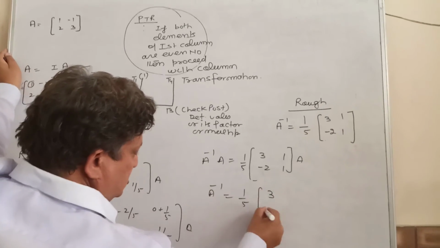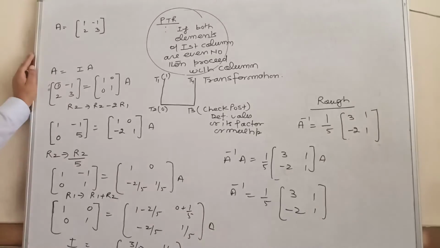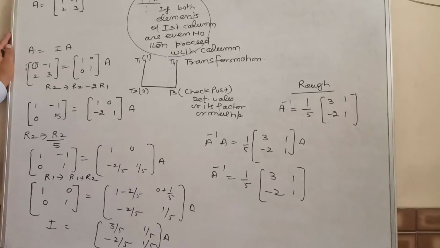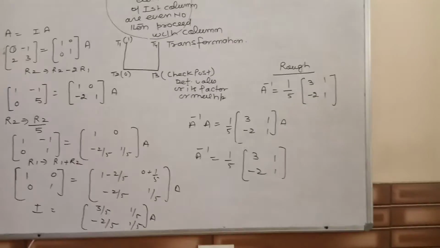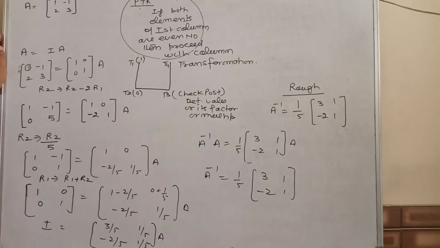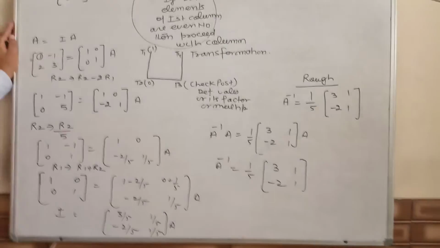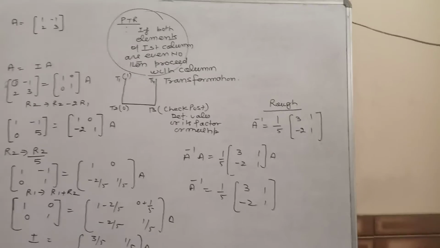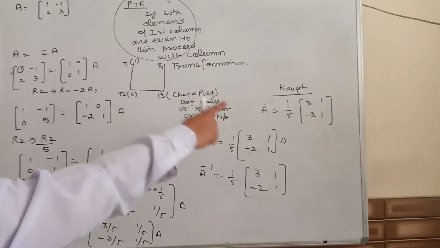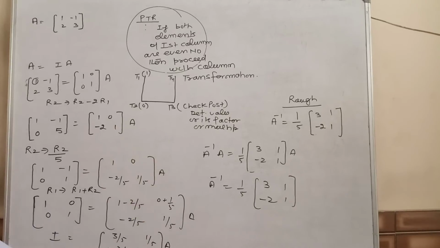So you can similarly do the 2 by 2 elementary transformation. We are left with the 3 by 3 elementary transformation matrix. We will discuss it in the next lecture, but before that, I will tell you the method. Unlike 2 by 2, we cannot directly have the answer in 3 by 3.